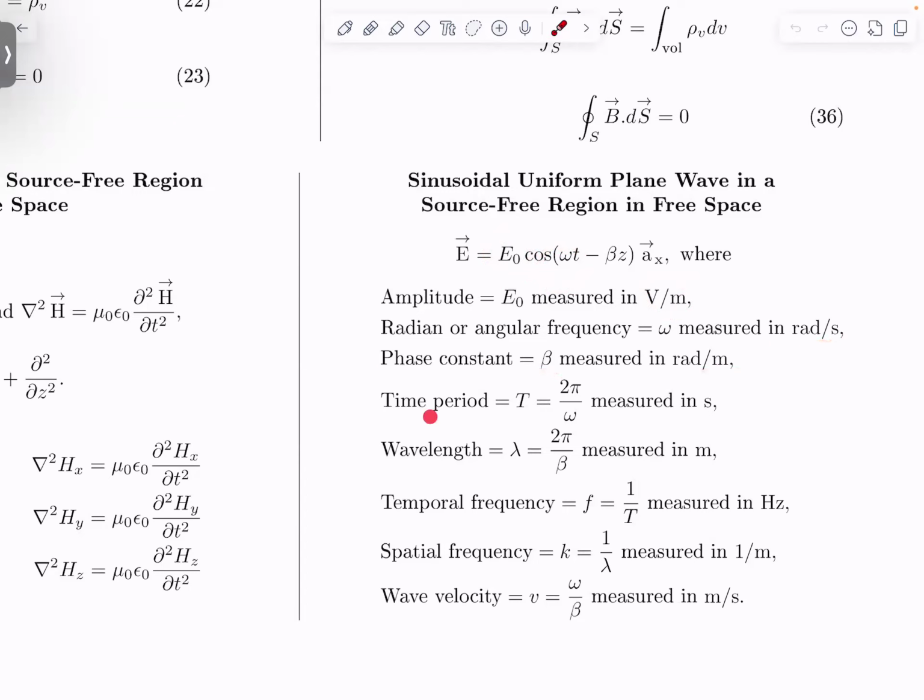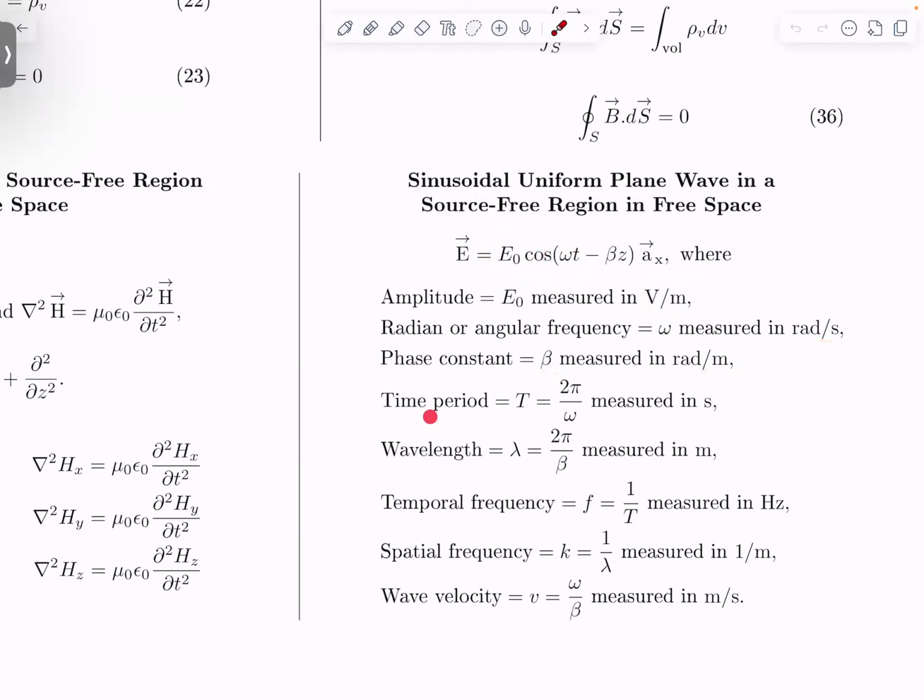Epsilon r is the relative permittivity. So epsilon will be epsilon r times epsilon naught. Epsilon r is given as 8, and then 8.854 times 10 to the minus 12, the free space value. Similarly, we have mu. Mu is written as mu r times mu naught, and mu r is given as 80.89, and mu naught is the free space value, 4 pi times 10 to the minus 7.